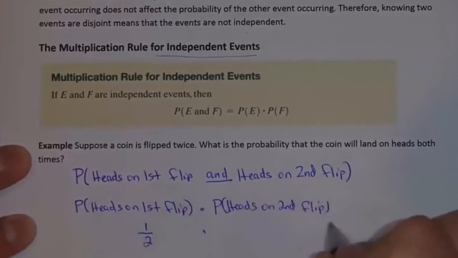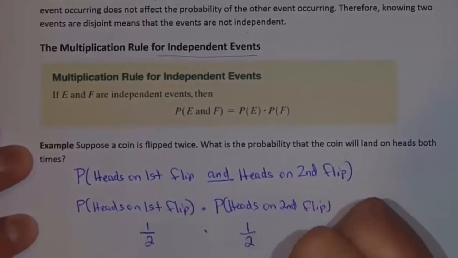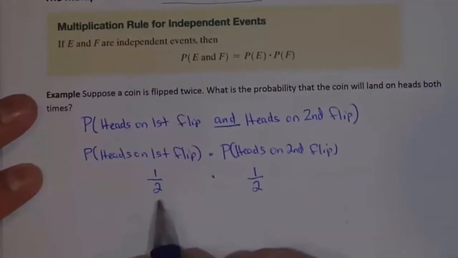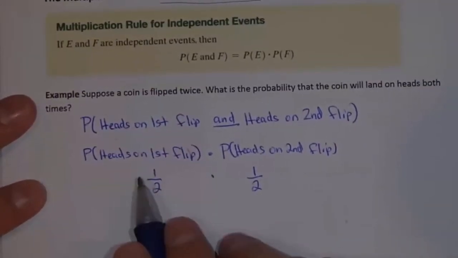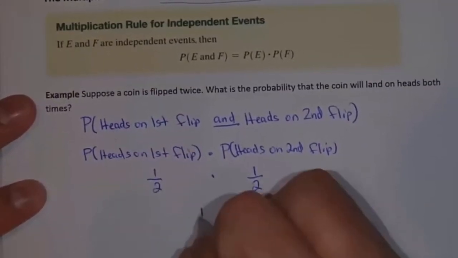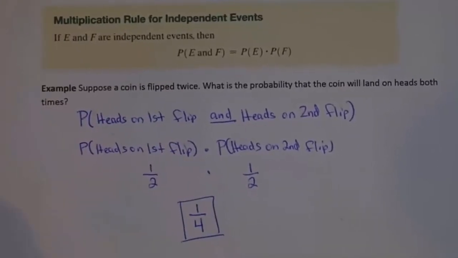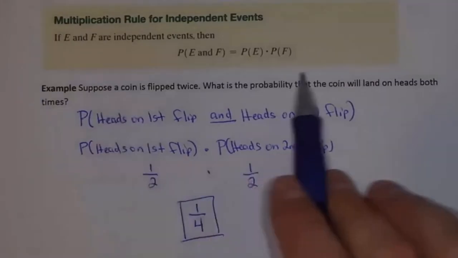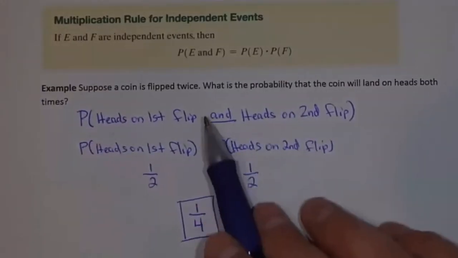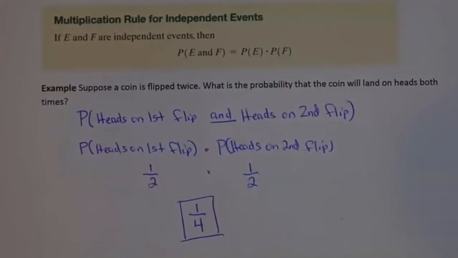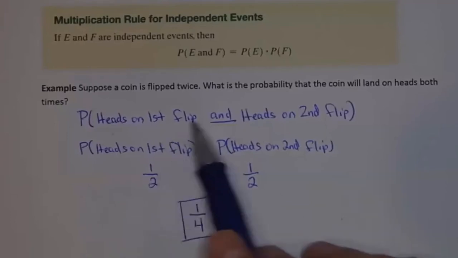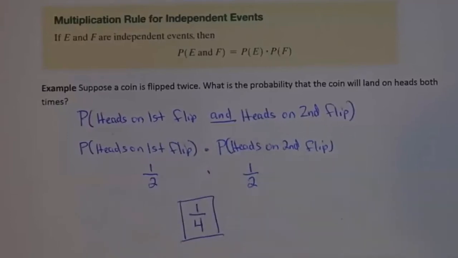The probability of heads on the second flip is also 1/2. So the probability of heads on both flips is 1/2 times 1/2, which is equal to 1/4. We have a 1/4 probability, if I flip a coin 2 times, that it's going to land on heads both flips. So this multiplication rule allows me to figure that out relatively simply because the 2 flips are independent of each other.